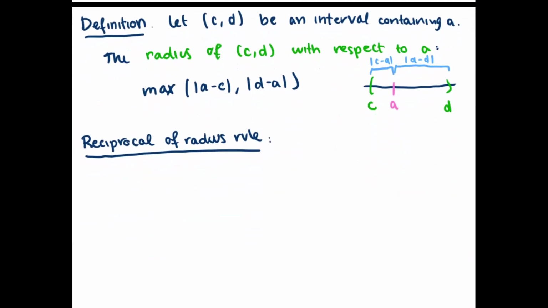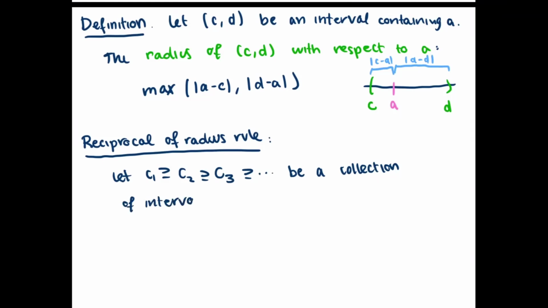Okay, so I'm going to let C1, C2, and so on be a collection of intervals that contain one another, all containing some number A. And then I'm going to suppose that the radii of these C's with respect to A are given by R1, R2, and so on.